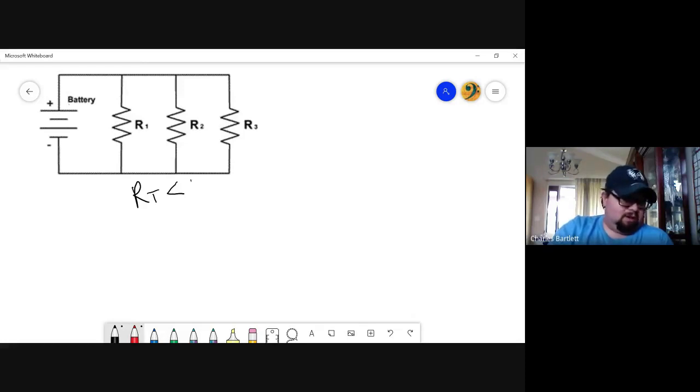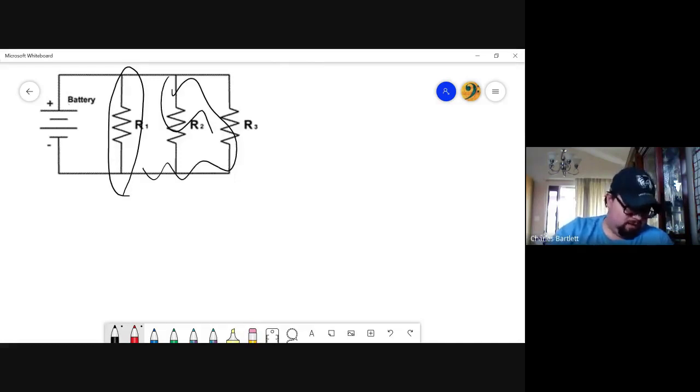RT is always going to be less than R1, or less than R2, or less than R3. It's never going to be more. As we add additional paths, or if we have more than just the one branch, that right there would be, if all we had was that, it would make it a series circuit, right? Get rid of that series circuit.